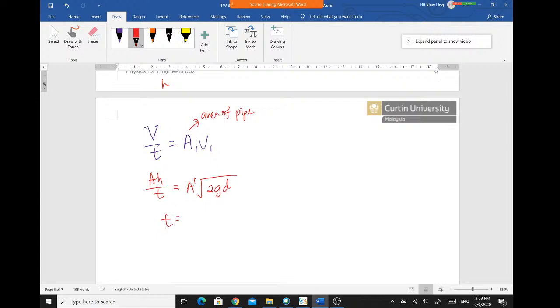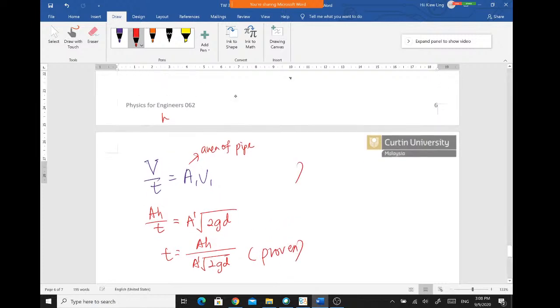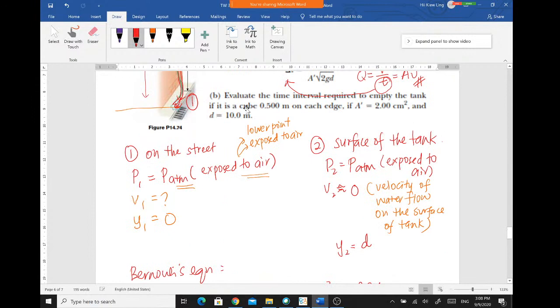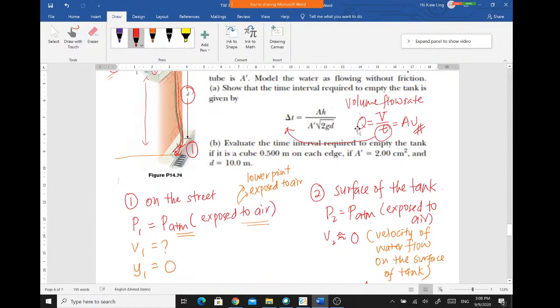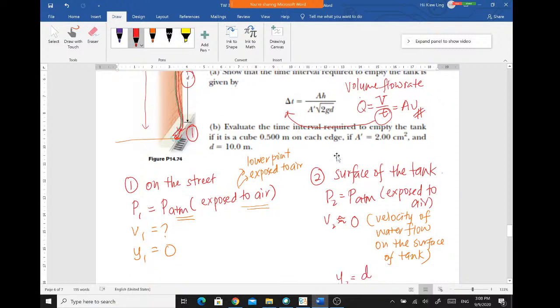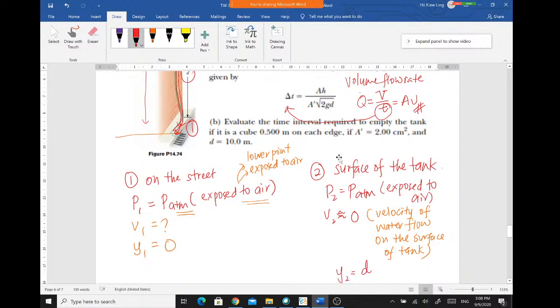Rearrange your equation and you get the time equals AH over A prime root 2gD. So it's proven in your question. Now evaluate the time interval required to empty the tank.